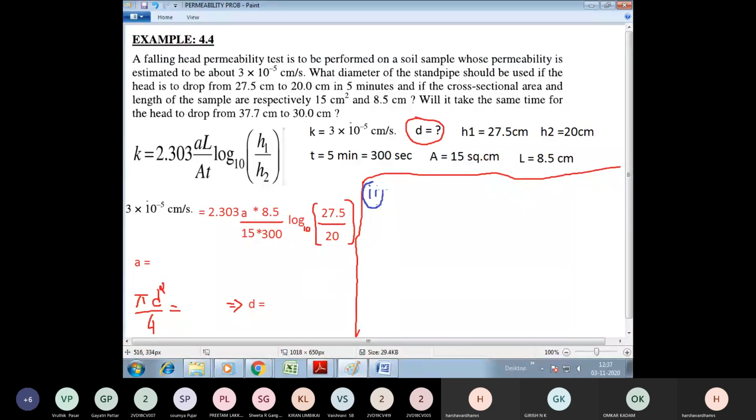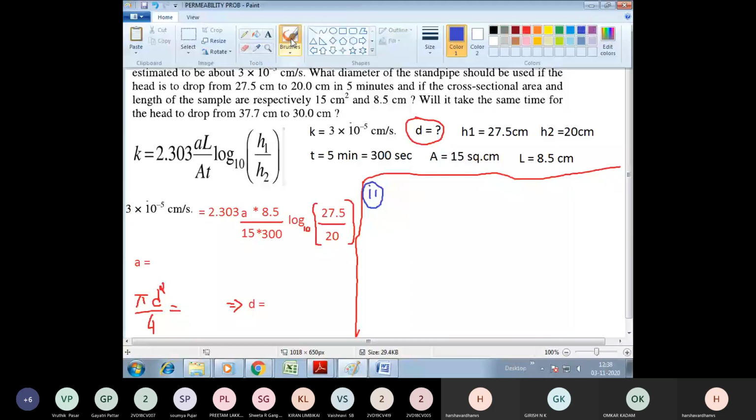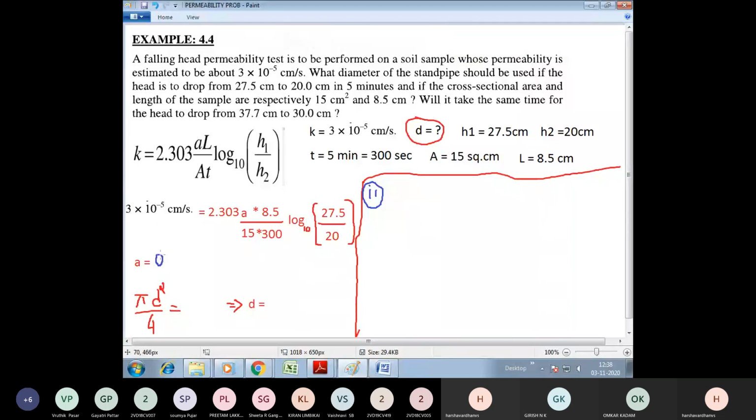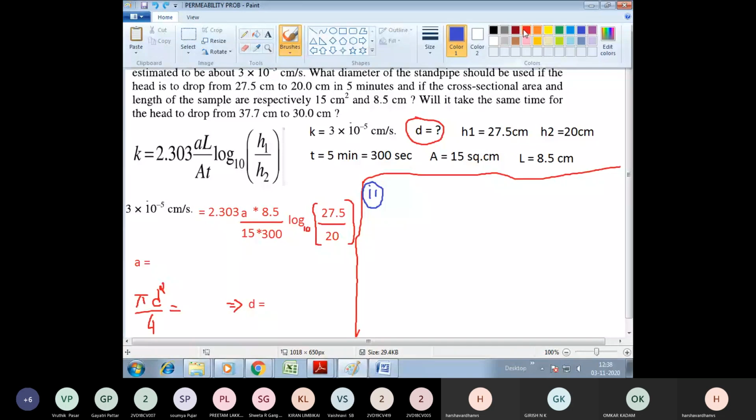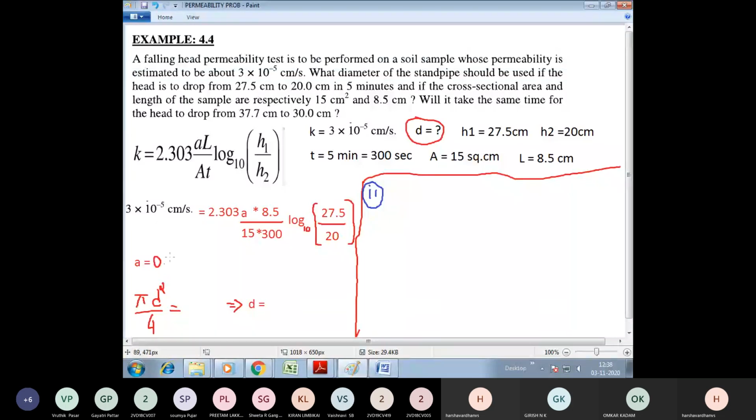So what is the value of A? That is the cross-section area of the standpipe. Omkar is saying 0.04. Anyone else has 0.05.